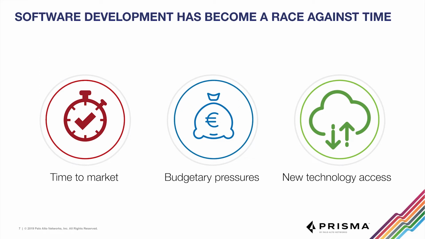Software development has been very fast for a while, for different reasons: time to market, budgetary pressure, new technologies you want to use, or reaching your customer audience. It's becoming a race, and in this race, misconfigurations and overlooked items can become a nightmare for you.